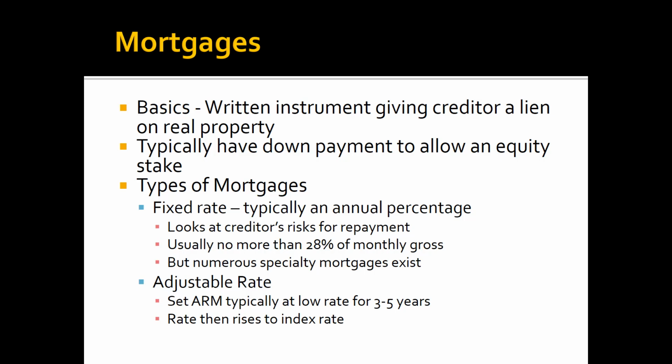So usually you have a down payment. Let's suppose my house is $100,000. Usually in order to avoid things like PMI, which is private mortgage insurance, you've got to come up with, say, 20%. So you have to put $20,000 down. If you don't, it's usually either a more expensive interest rate or you have to pay for insurance. Now, mortgages come in a ton of different shapes and sizes. There is the fixed rate mortgage.